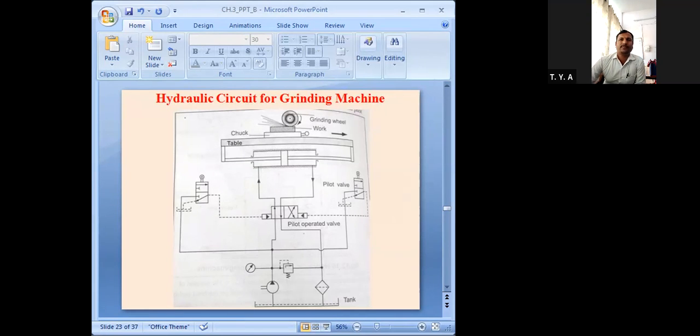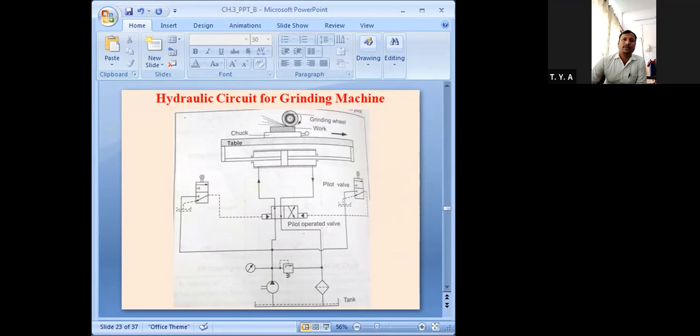Okay, if you consider this one position, the fluid will go from this valve to this side of the cylinder. Actually this is a double ram or double piston double acting cylinder, because here we have a double rod.